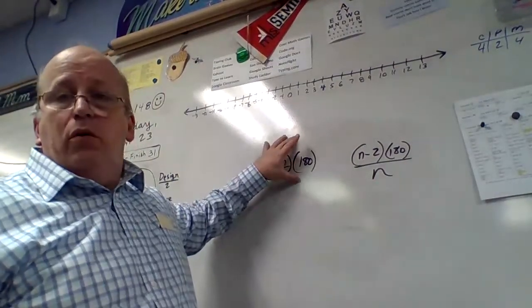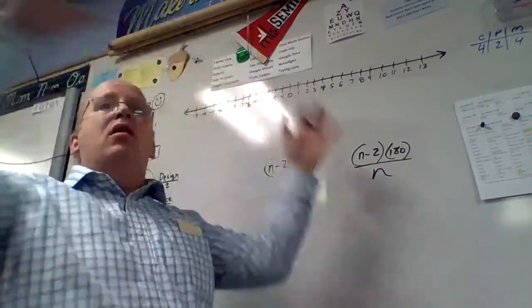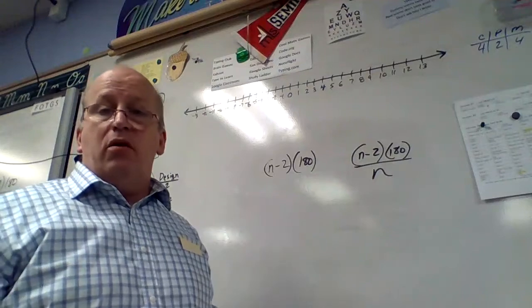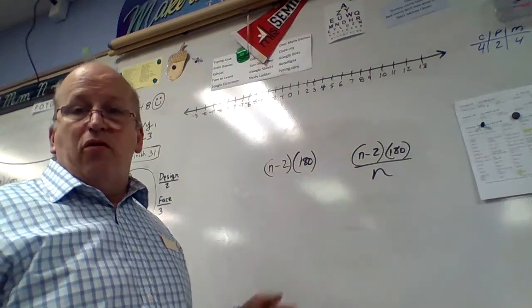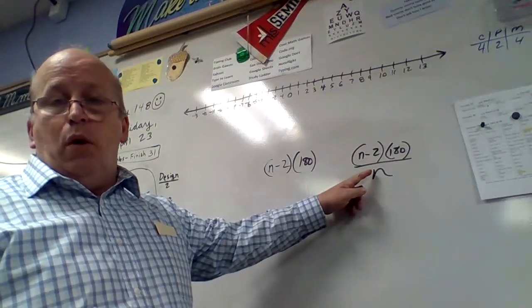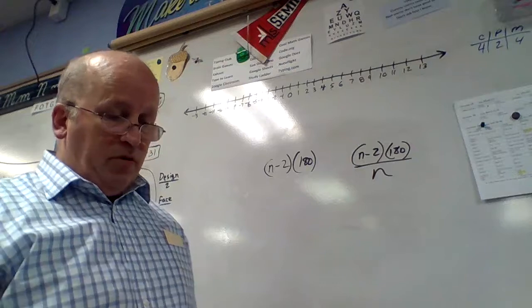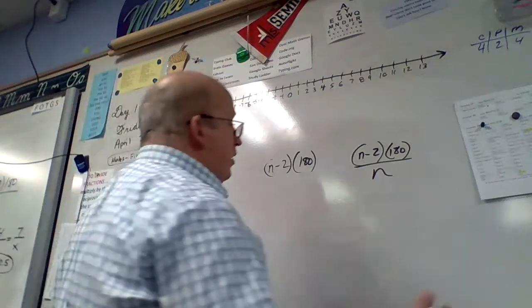This is the one we use when we're trying to find out the measure of all of the angles in one particular polygon that has a certain amount of sides. This is the one we use when we want to figure out what one angle of that particular shape is going to have if it's a regular polygon.